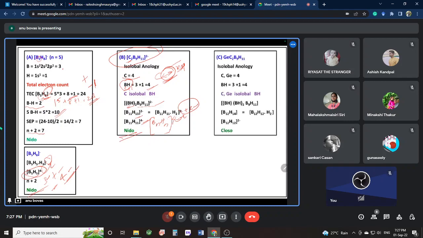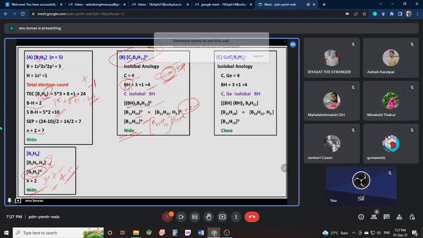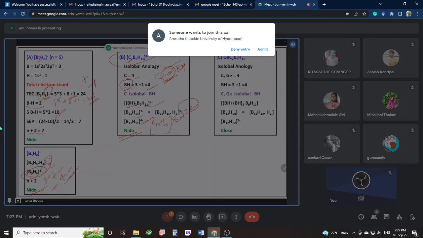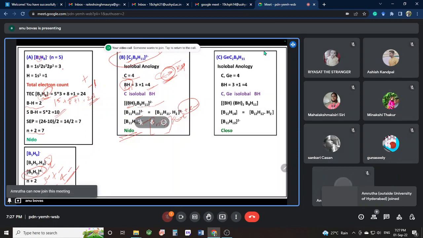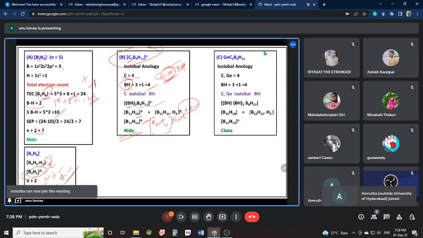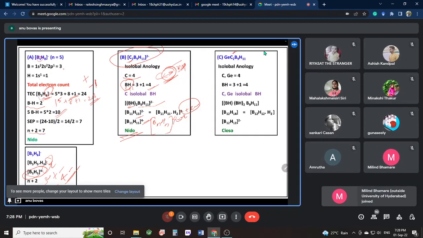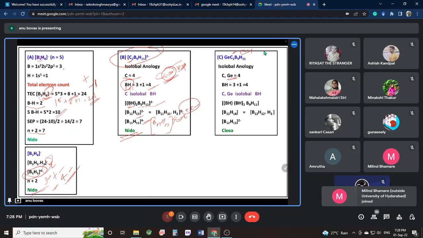The next one is GeC2B9H11. This also can be done with the help of isolobal analogy. Here also, as in the previous question, we have replaced carbon with BH because carbon has 4 valence electrons. Germanium is also in the carbon group, so it also has 4 valence electrons.